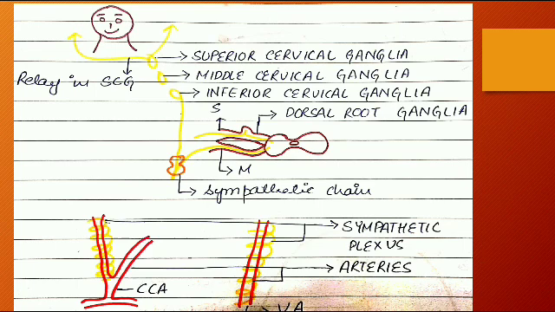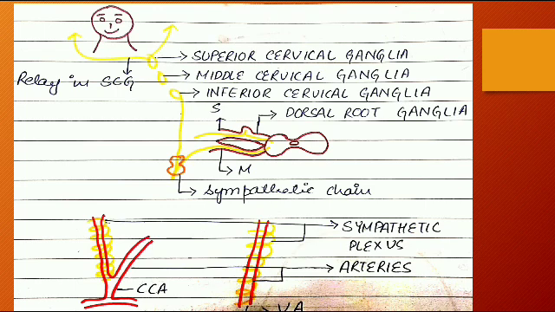Now moving forward, as this sympathetic nerve ascends upwards, it relays in the superior cervical ganglion, and then it enters the brain. Now, one more important thing which I'm going to tell you is that there are some arteries, like the common carotid artery, internal carotid artery, or vertebral artery. Now you get my point.